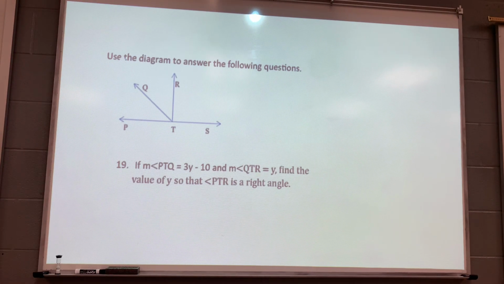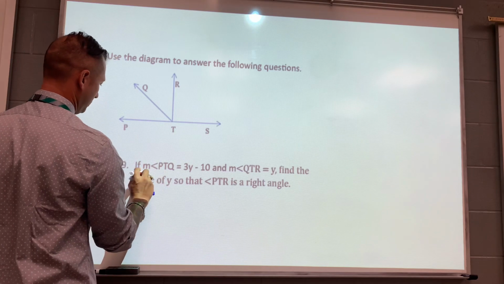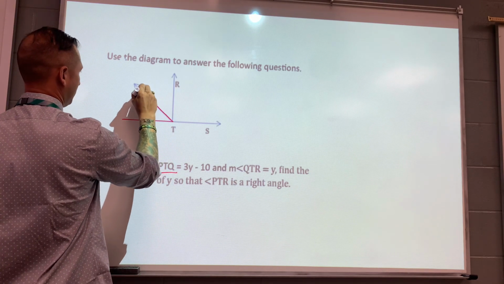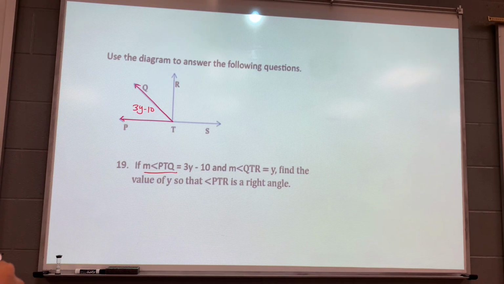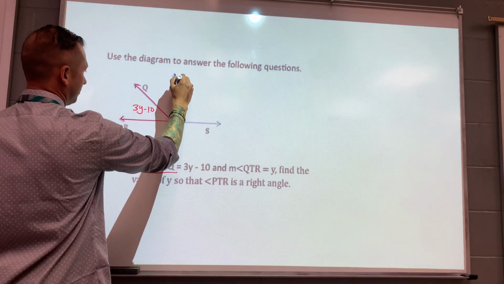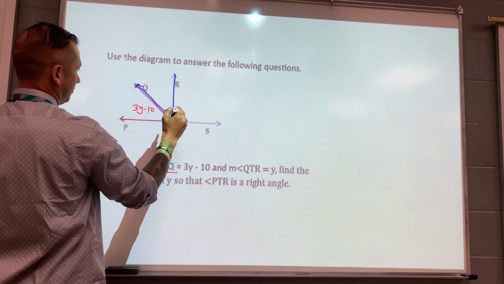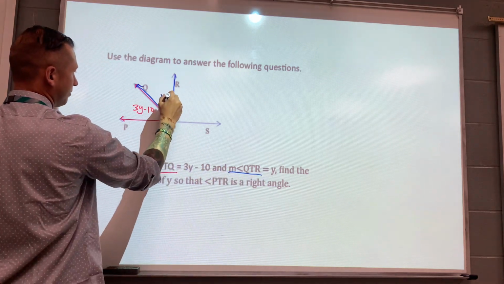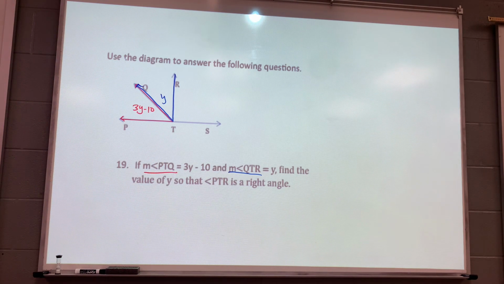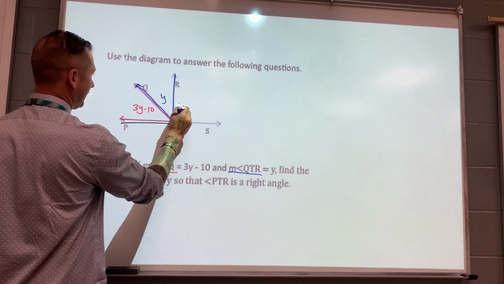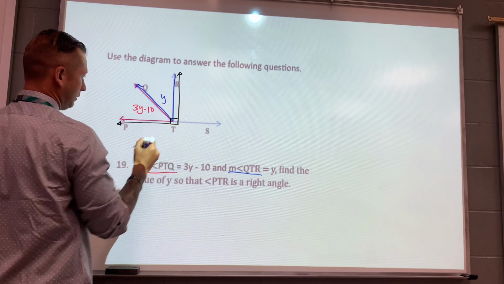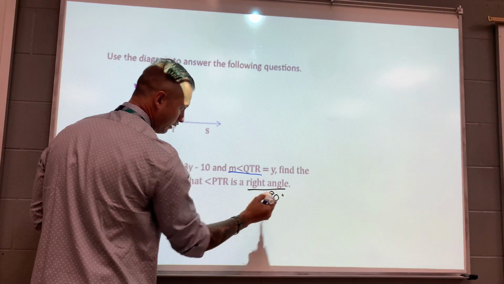All right, use a diagram to answer the following questions. If the measure of angle PTQ equals 3y minus 10, and the measure of QTR is y, find the value of y so that PTR, this guy here, is a right angle, meaning 90 degrees. 90 degrees is a right angle.